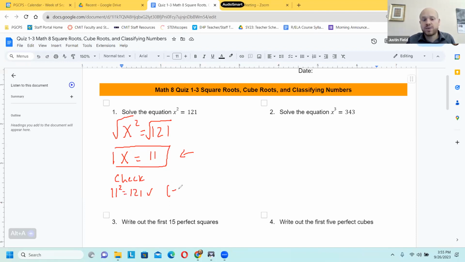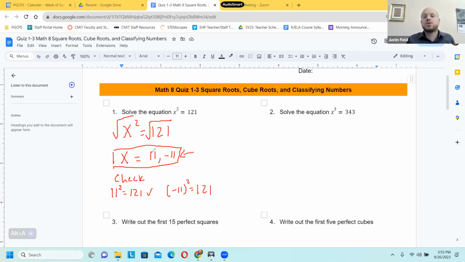But also, don't forget in class we said that negative 11 squared would also be 121. So I had planned on not giving you full credit unless you had 11 and negative 11. But some people didn't have either of those. So now you know, okay?